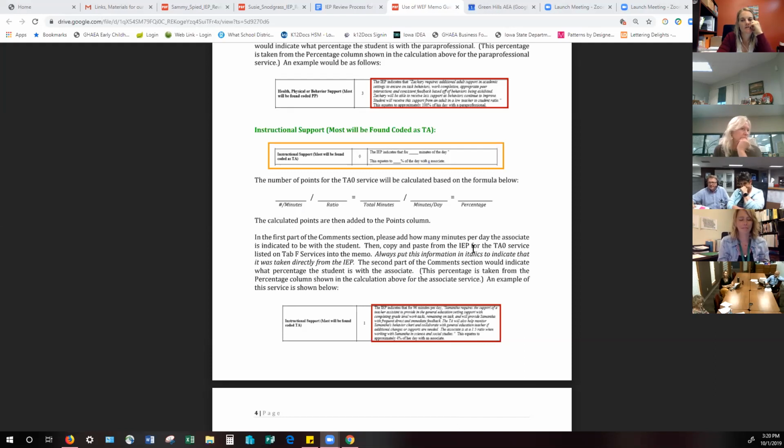But that is tricky, because in other districts, I think they try to do the same thing, Sandy, but if the IEP says that Johnny has access to a para 420 minutes a day, and they get 3 points, we're going to have this huge group of kids getting level 2s and level 3s when it's probably not appropriate.